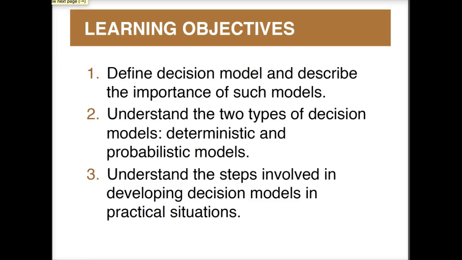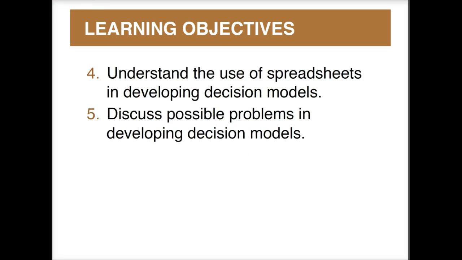So first thing that we're going to talk about here is to actually define what a decision model is and describe the importance of those models. And then we also want to discern in between what is a deterministic model versus a probabilistic model. And then after that, we want to understand the steps involved in coming up with these decision models in practical situations.